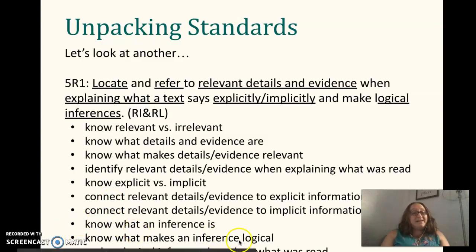So they have to know what makes an inference logical, and then they can make a logical inference based on what they've read. Make sense? So again, you couldn't possibly teach one lesson around this entire standard. You would pick one of the bullets below to teach to. That's the whole point of unpacking standards.